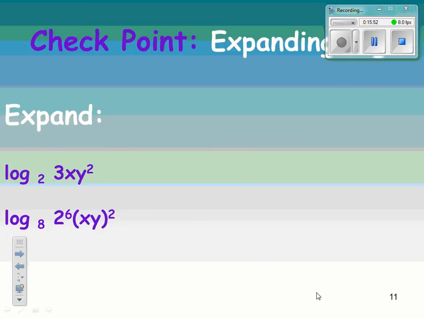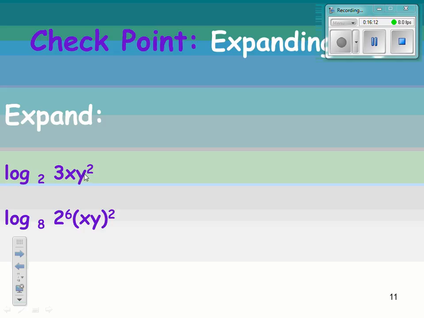Okay, so let's expand these. All right, now, when I'm looking at this, let's think about how many parts we're going to have to begin with. First thing I've got, I have a 3, so that's going to be 1 part. I have an x, that's going to be 2 parts. And I got a y squared, that's going to be my 3rd part.